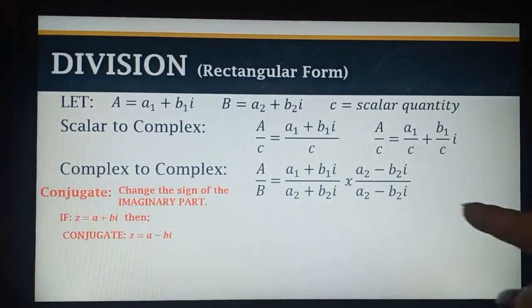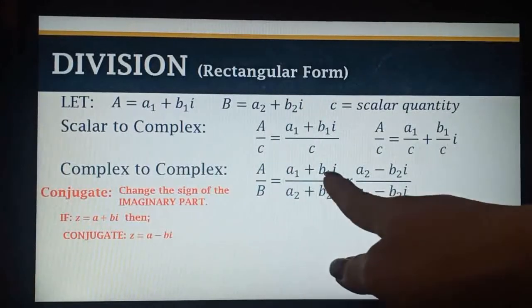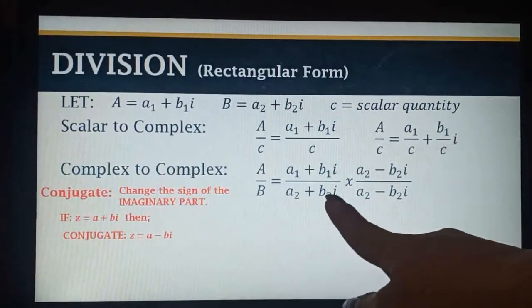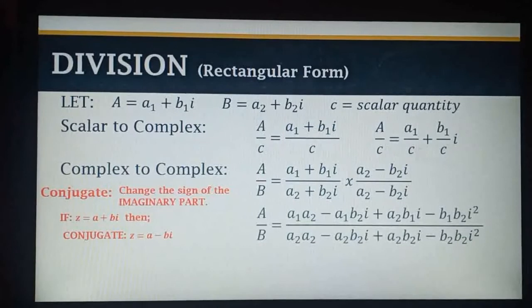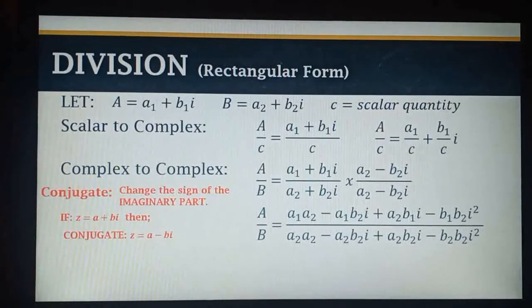Now, if we will do this method, you have to go back to multiplication of the rectangular form. So, i-multiply natin yung taas dito, i-multiply natin yung baba dito. You will have this equation. So, pag minultiply na natin yan at nakuha na natin to, you will now have to note that I equals square root of negative 1 rather.